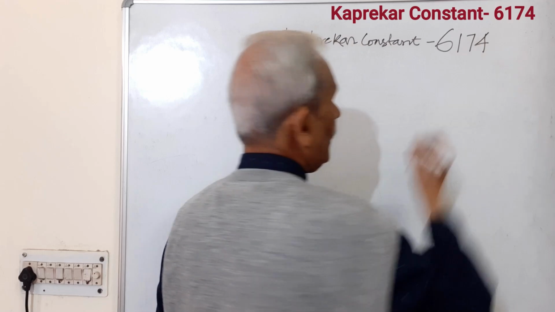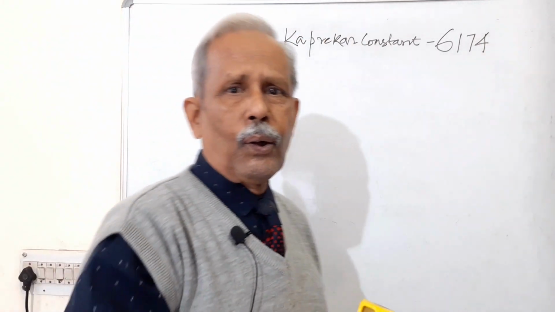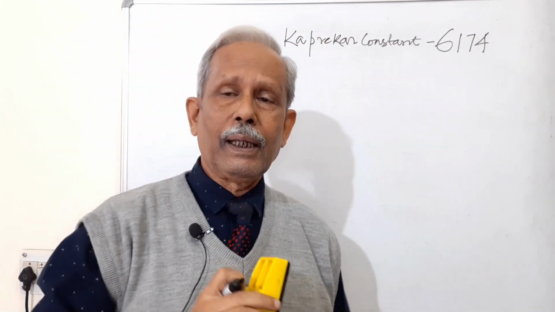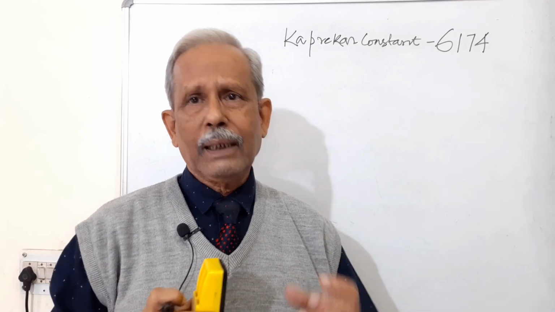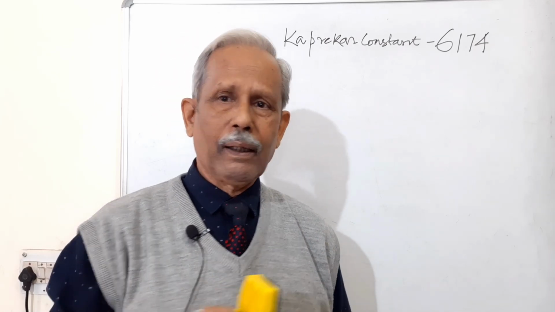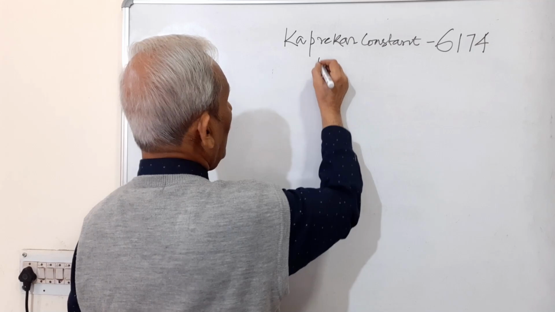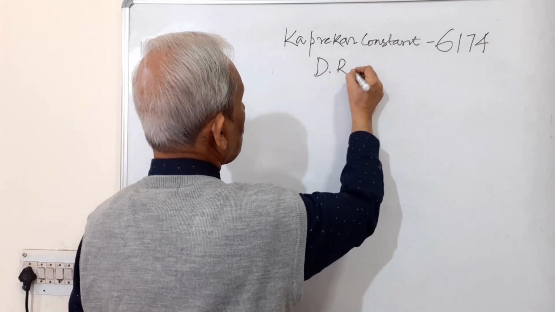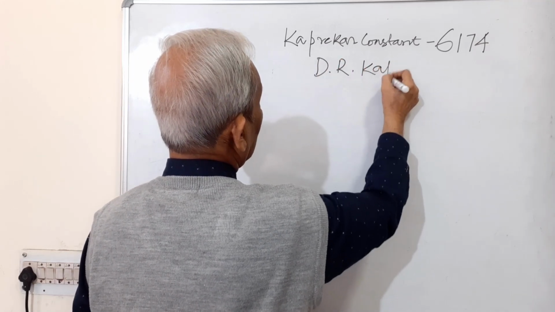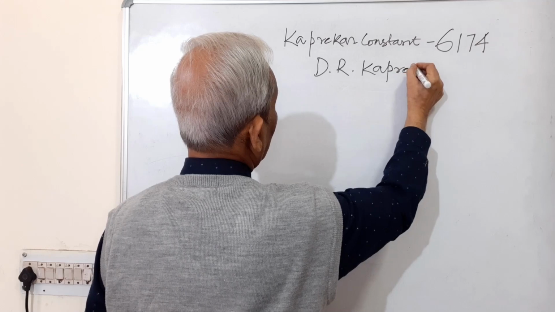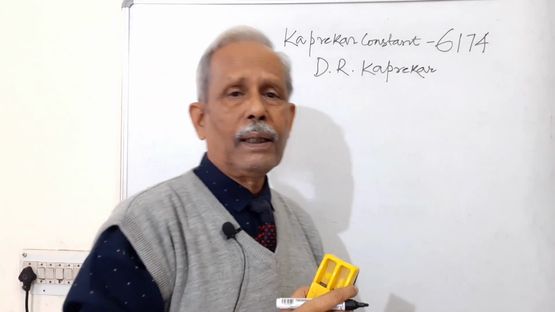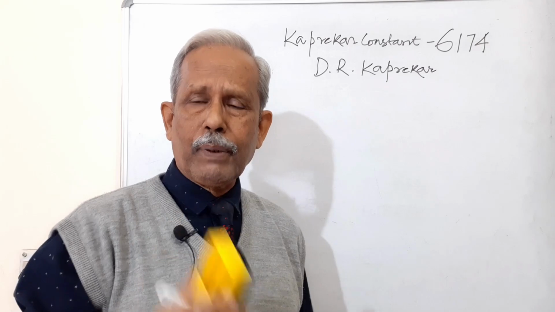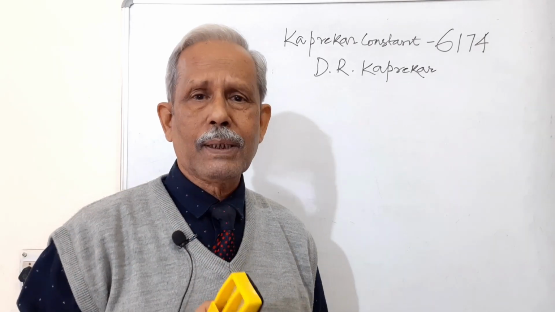He was an Indian mathematician, and in 1949 he discovered the surprising number pattern of 6174.